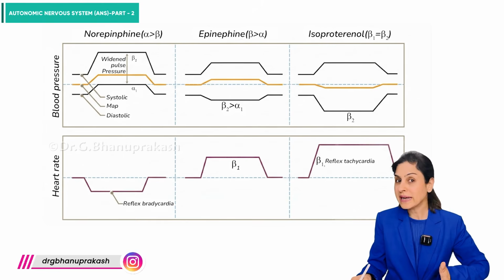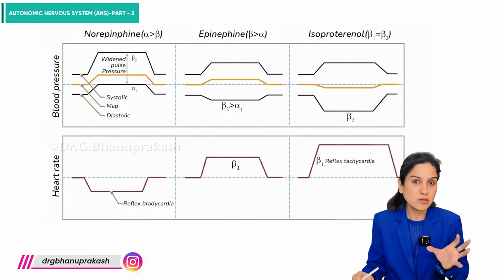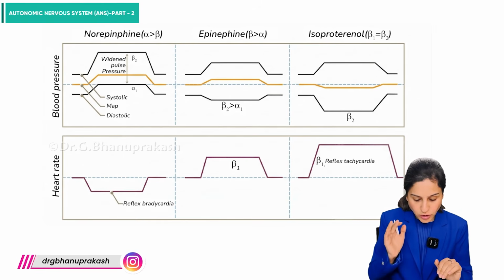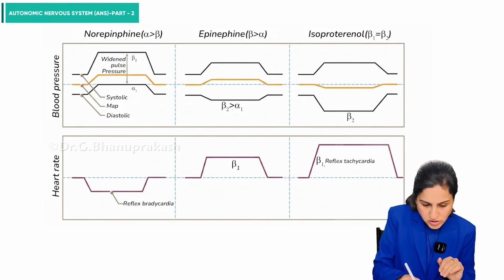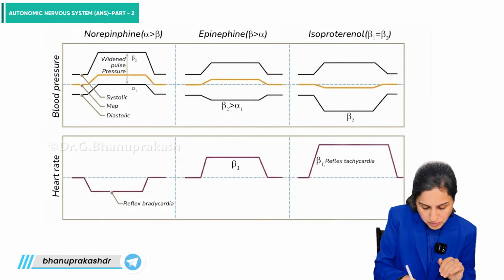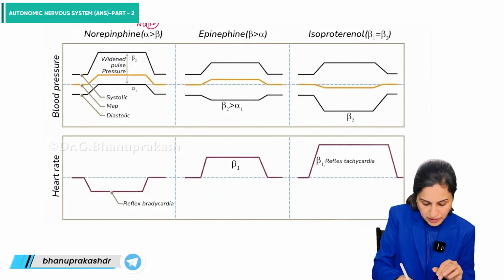So you can be asked to identify the graph which catecholamine is showing this effect. So norepinephrine, always remember, this norepinephrine acts on alpha 1, alpha 2, beta 1, and it has no effect on the beta 2. So there is no beta 2 effect.